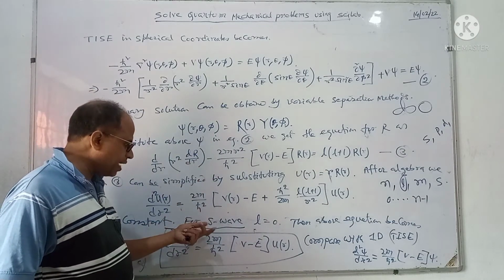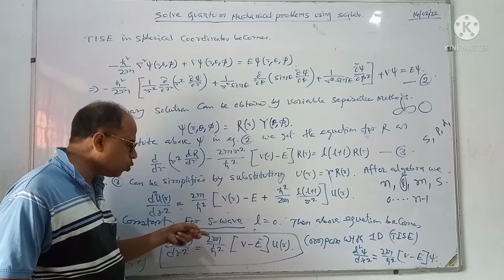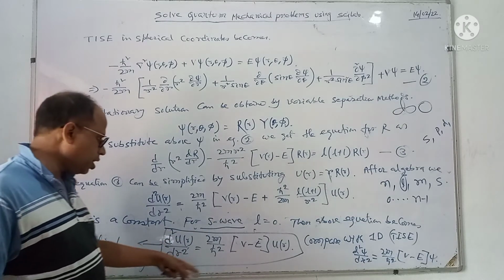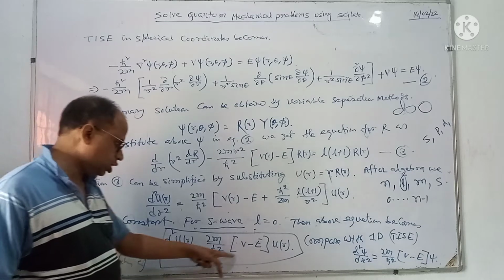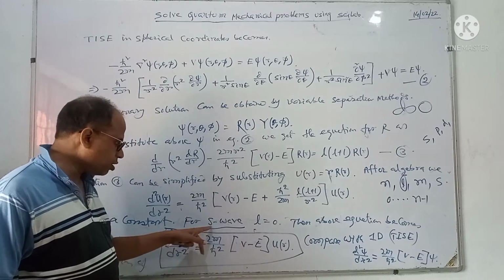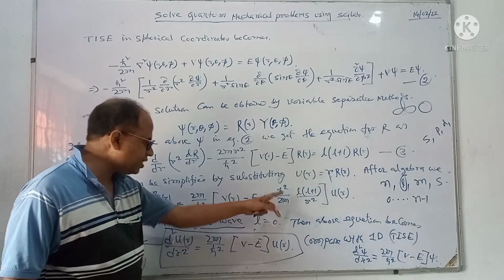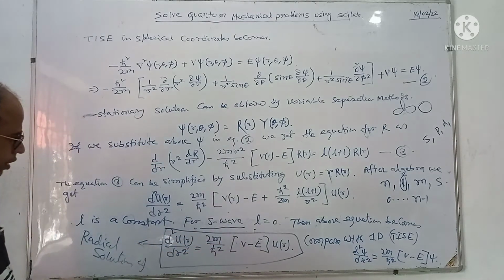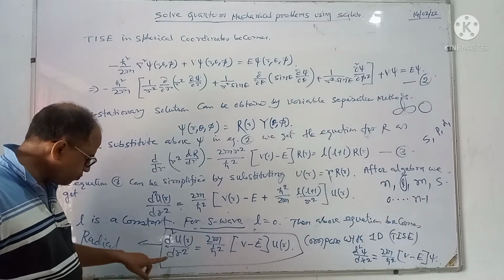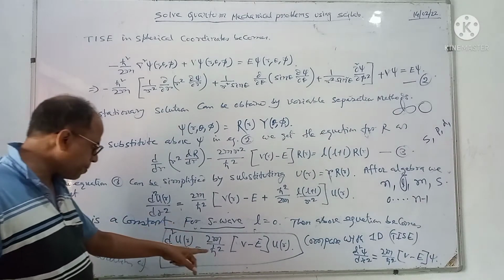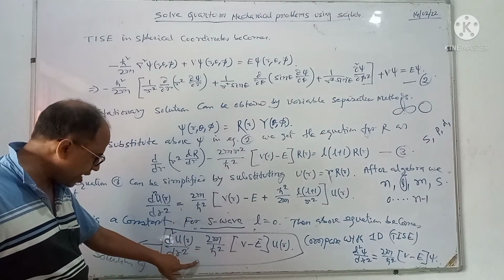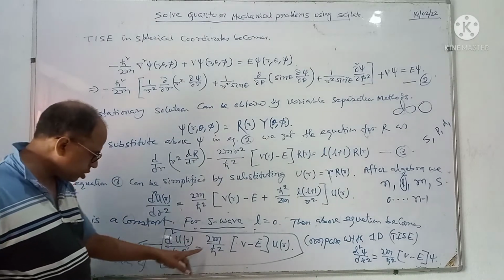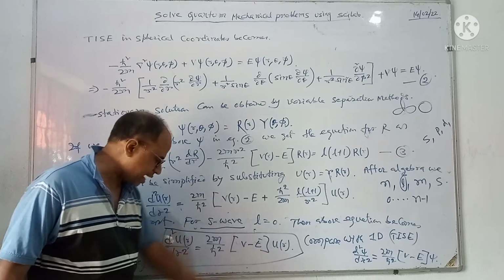As per your syllabus, whatever problem you will do in quantum mechanics by Scilab, every time you have to use this equation, because for S wave L is equal to 0 and the radial equation becomes this one. Now here you see, before applying this equation, you have to be careful with the unit of different parameters.